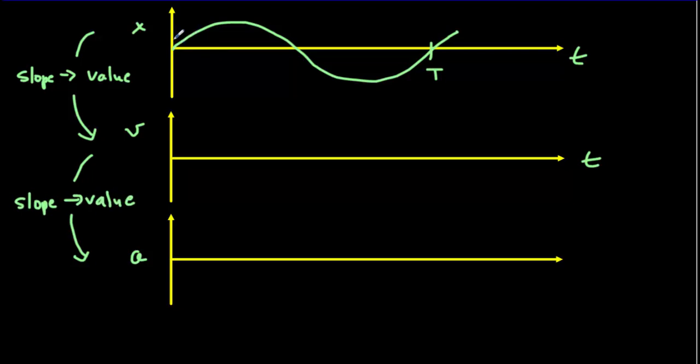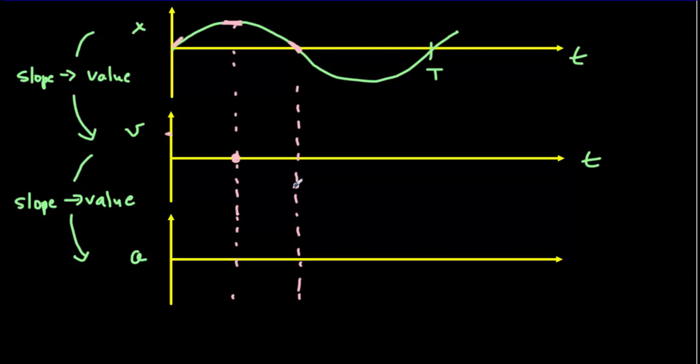So on the xt graph, we have a fairly high positive slope here. So our vt will start with a high positive value. When we get to here, the slope is of course 0. No slope at all. That means the velocity must be 0 at this point. Here we've got a strong negative slope, so we'll get a strong negative value.